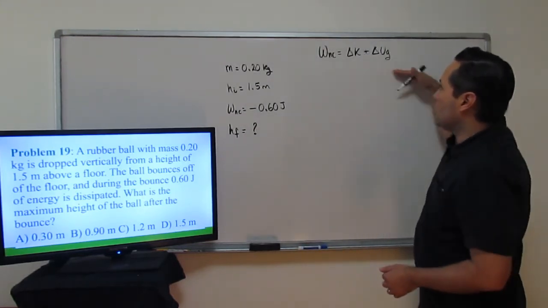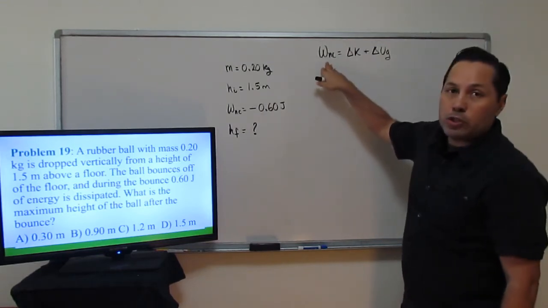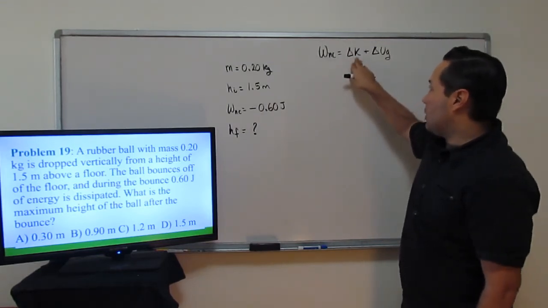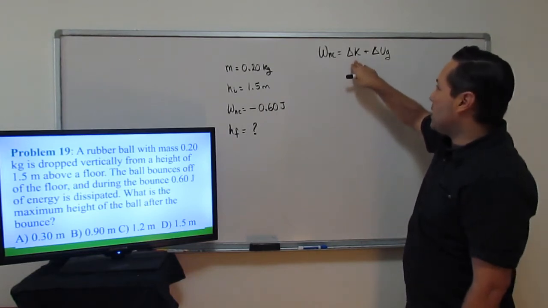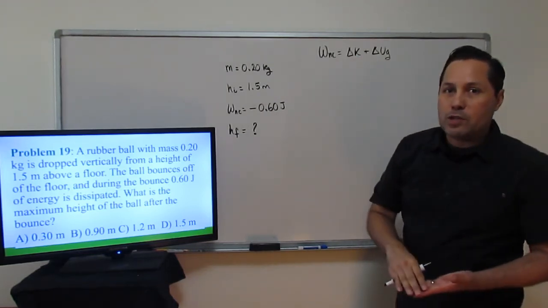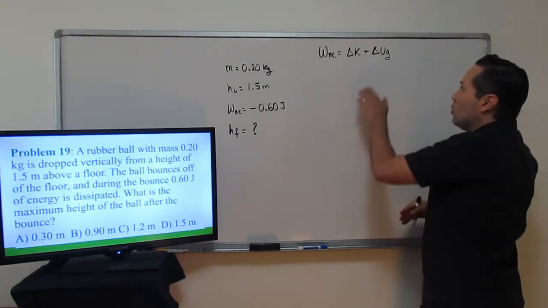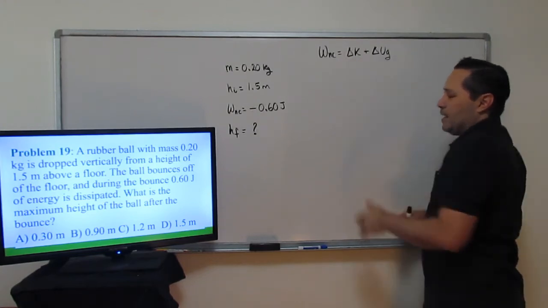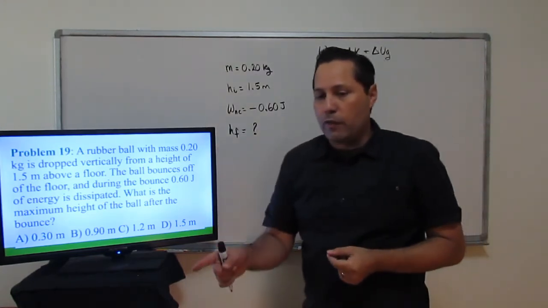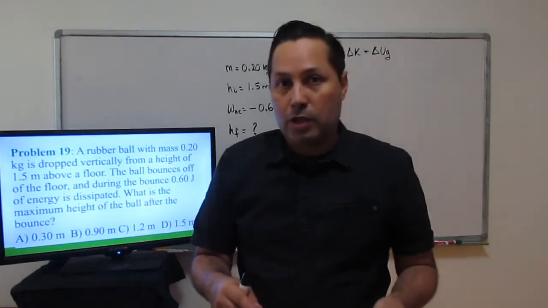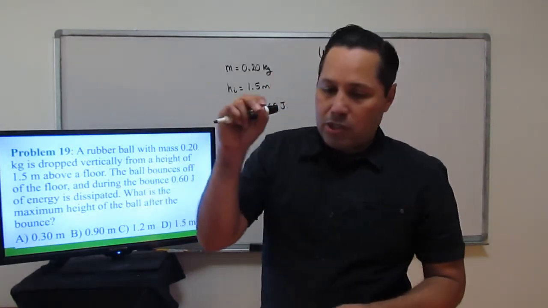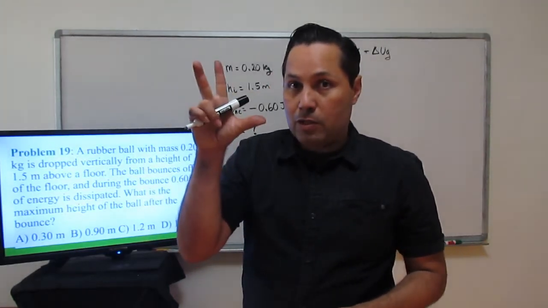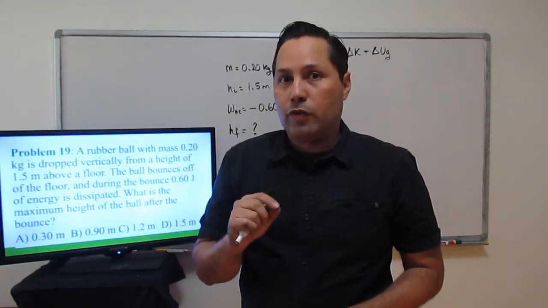So we're going to use this formula, where this is our energy that's dissipated, and it's equal to the change in kinetic energy plus the change in gravitational potential energy. Now let's look at the kinetic energy. It's got velocity final minus velocity initial. When the ball is initially released, what's the initial velocity?